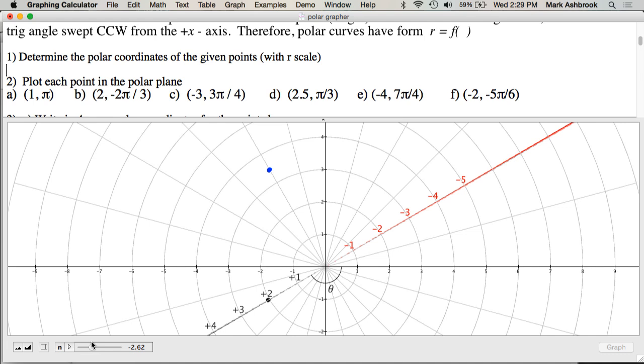No, it's going to be -2, right? So here's my angle, negative 5 pi over 6, swept clockwise from the positive x-axis. That gives you the direction of positive r. So the -2 would be back in the first quadrant. Here's point F. That's for problem F.